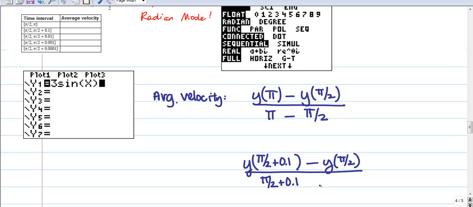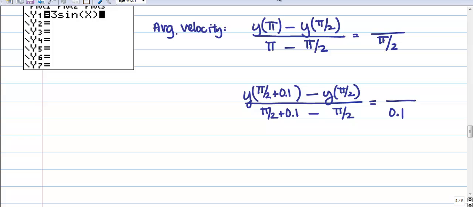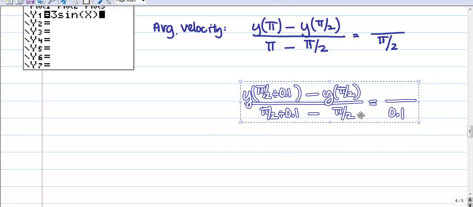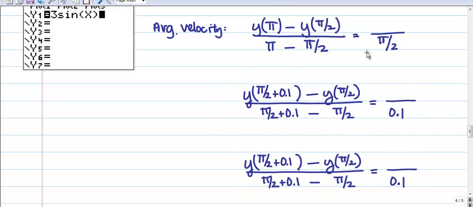So notice what's going to happen here. In this denominator, it's going to be 0.1. This denominator is going to be pi over 2. But if I keep going, this one would be 0.01, 0.01. So that's something that's going to be handy to notice.